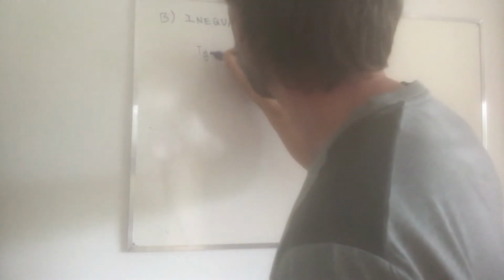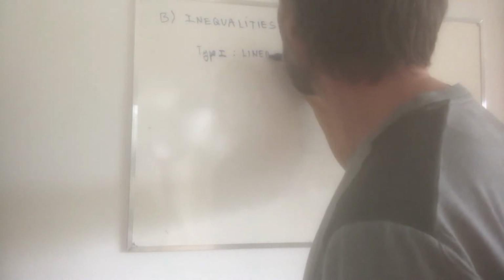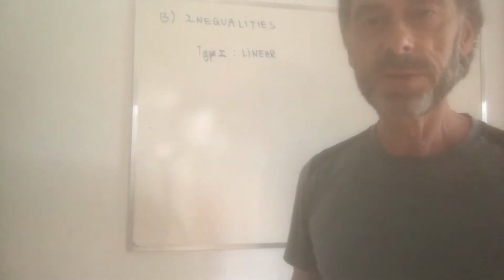Inequalities. Of course, what we want to do with them is to solve them, right? So what we have here, two types. Type 1 is the linear type. Remember linear means what? Who remembers what linear means when we talk about equations?